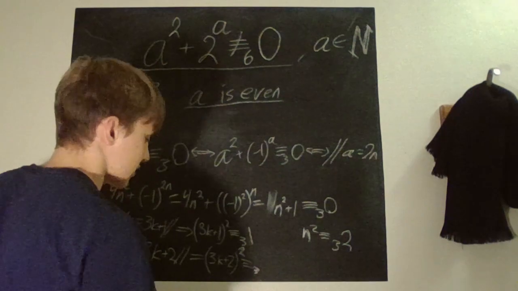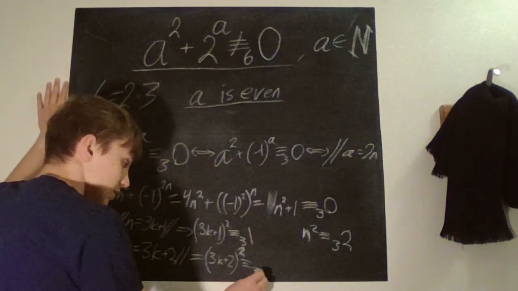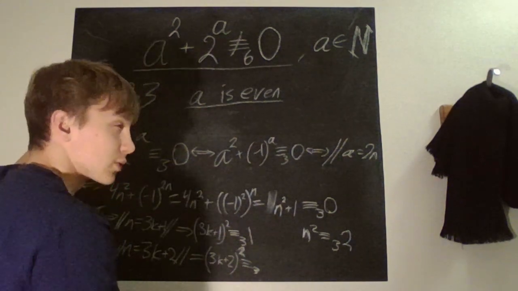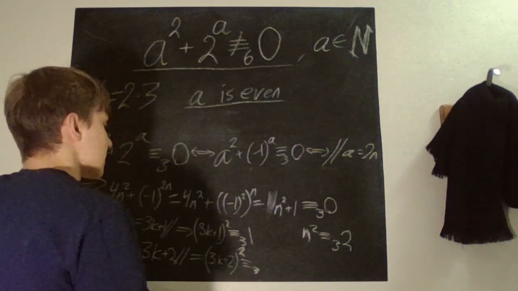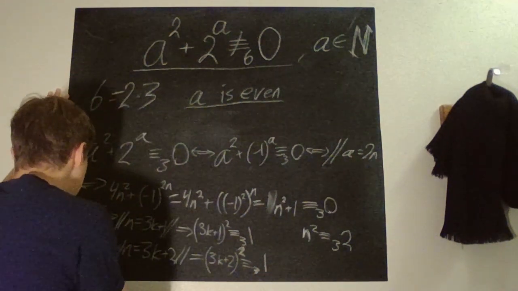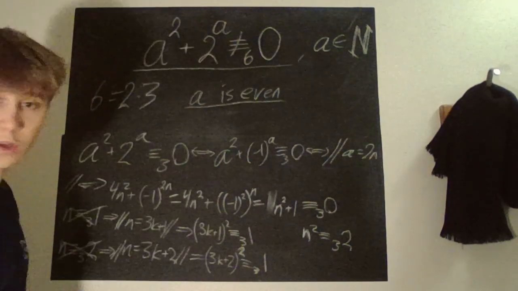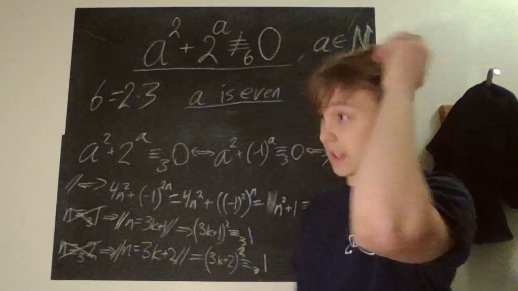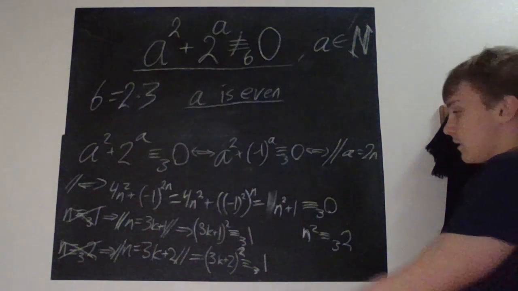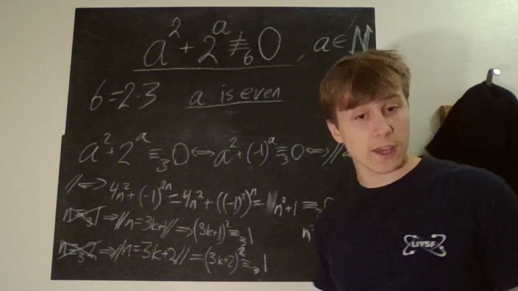Everything except the last term disappears because they all have a factor of 3. So what we have left is just 2 squared, which is 4, and 4 modulo 3 is just 1. So it never holds. Therefore, we have proven by contradiction that we arrive at something that is not possible, and therefore this can never be the case.